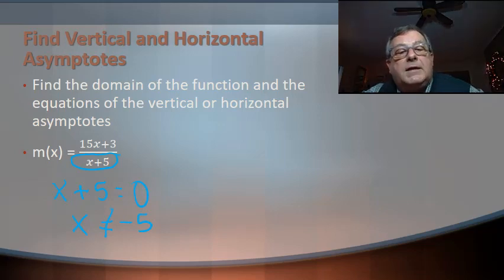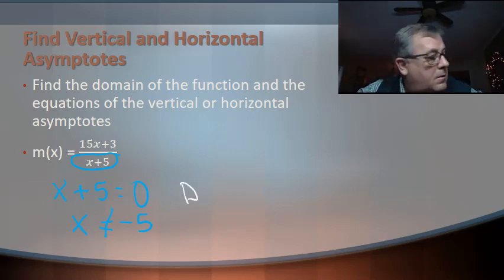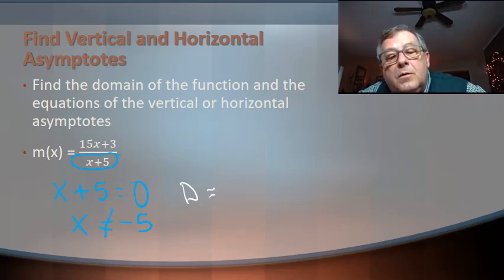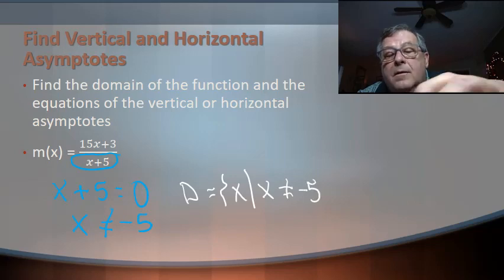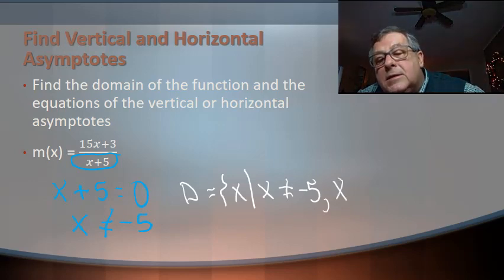So the way I would write this as far as the domain is concerned, let me switch color here, the domain is equal to x such that x cannot equal -5, but x is an element of all real numbers.